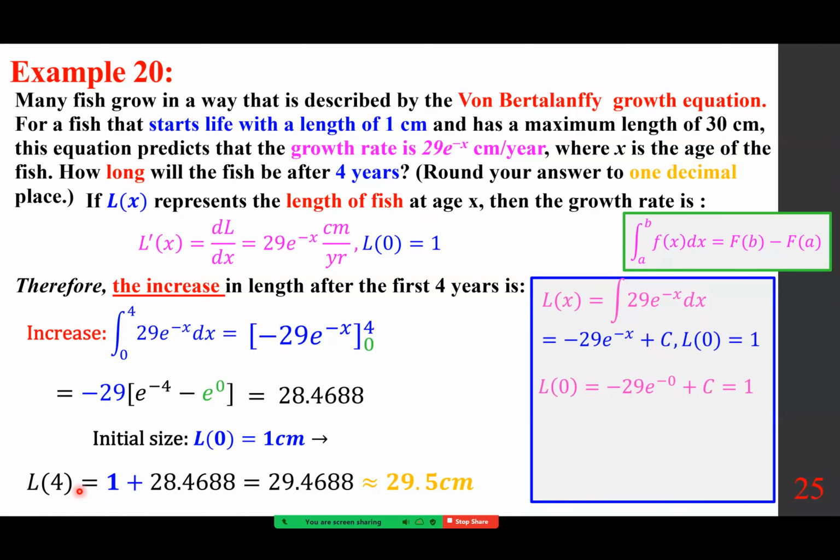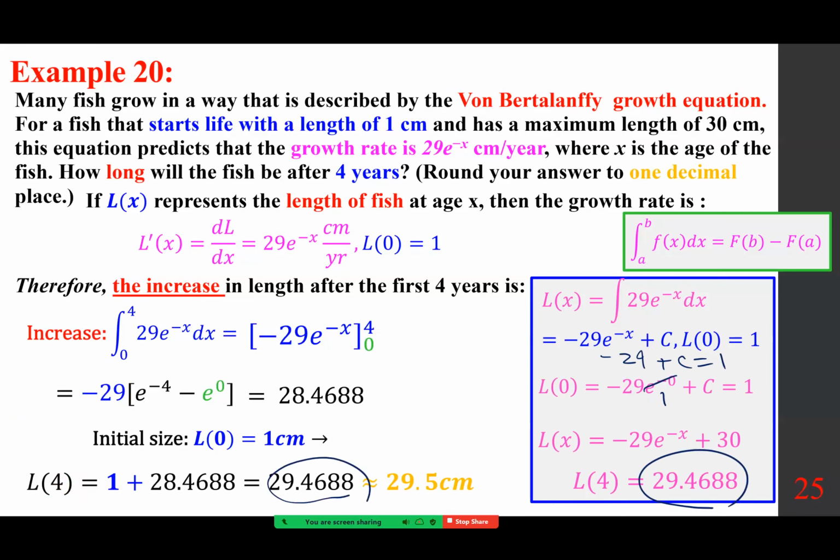So this is 1, right? Minus 29 plus C is 1. So C becomes 30, right? And now you want L of 4, which gives you the same answer as here. Very straightforward.